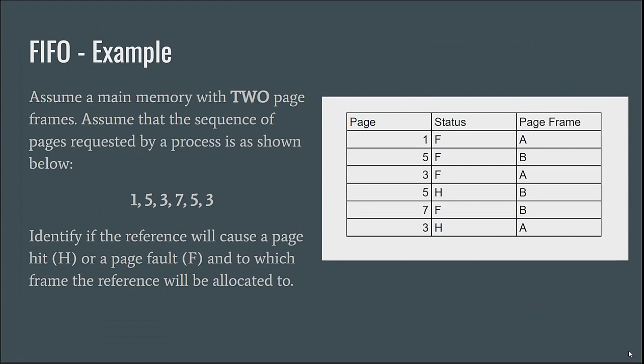Then we put it into page frame A, replacing 1, because 1 was there first. And we repeat this sequence with each new page. Anyone have any questions on that? I know it's not a step-by-step thing, but it is FIFO, so it's relatively easy compared to the other things.